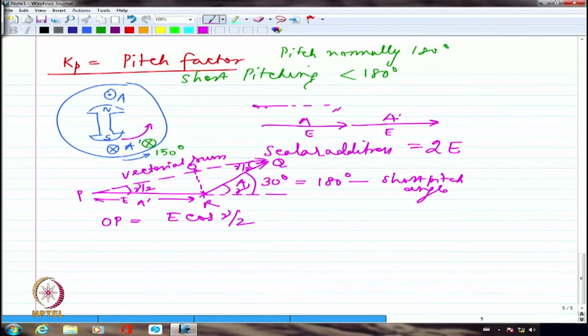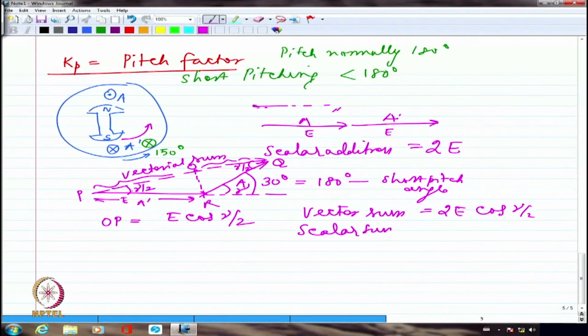So if I want the vector sum, I am going to have the vector sum to be 2E times cos gamma by 2, because I have to essentially take this length and take this length as well. That will be 2E cos gamma by 2. Whereas if I look at the scalar sum, we already wrote that is 2E.